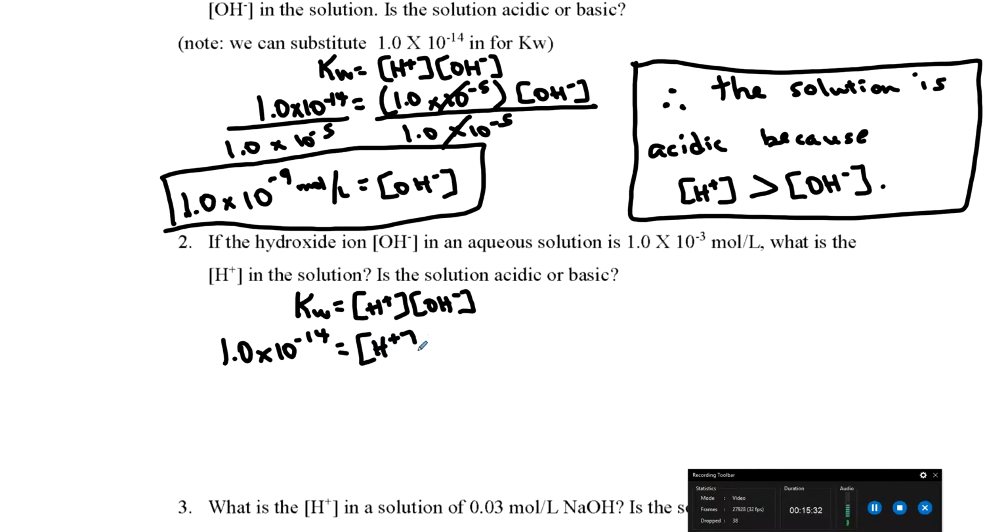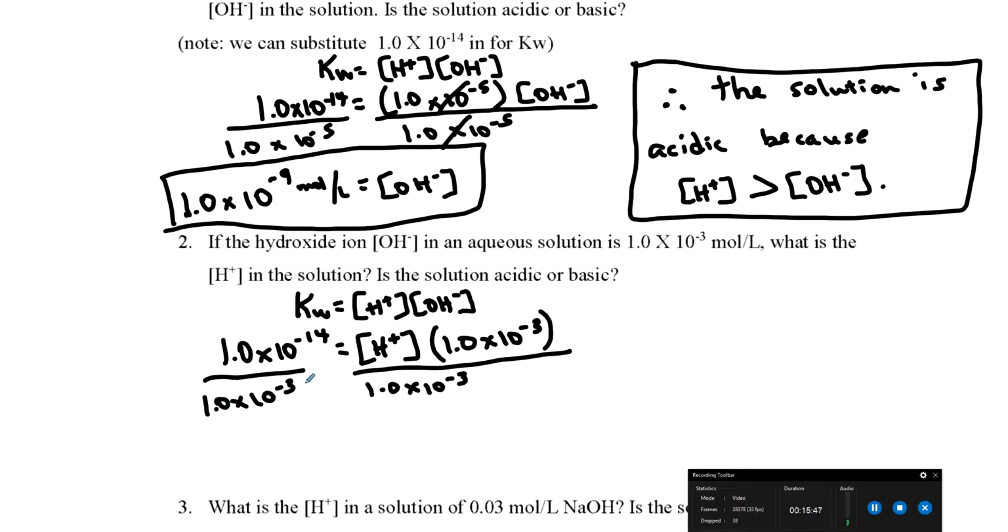So this is what I'm looking for, and I know OH negative is this. So I'm going to divide both sides by 1 times 10 to the negative 3. So that will give me an H plus ion concentration of 1 times 10 to the negative 11 moles per liter.